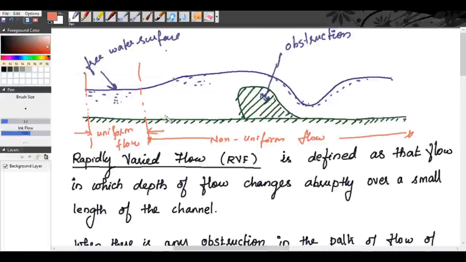Now, we know non-uniform flow can be either gradually varied flow or rapidly varied flow. So from this point to this point, this portion is gradually varying. So this portion you have gradually varied flow.